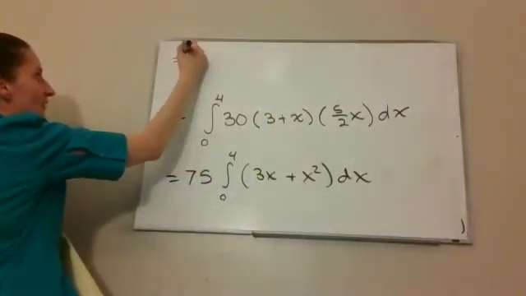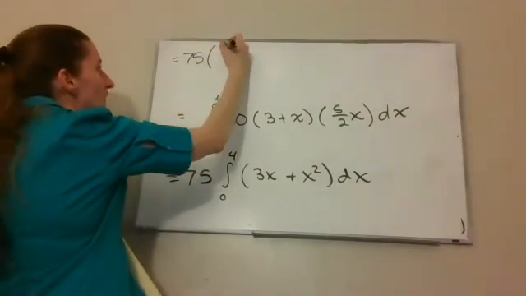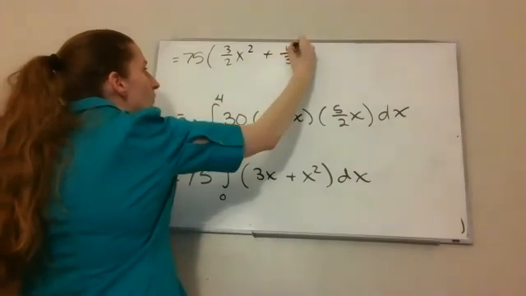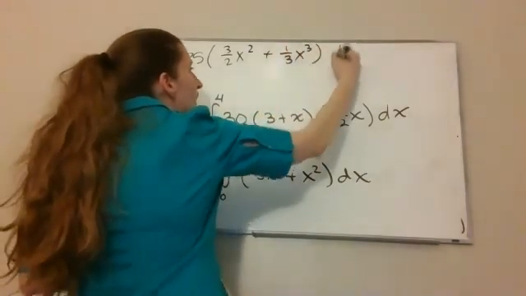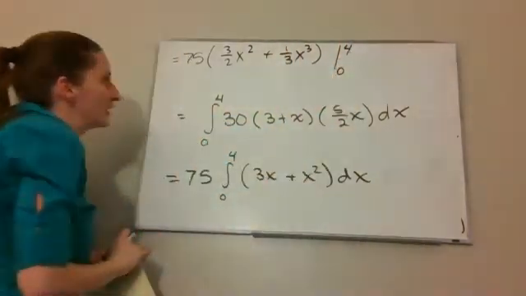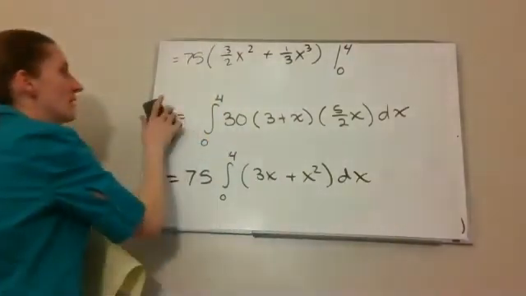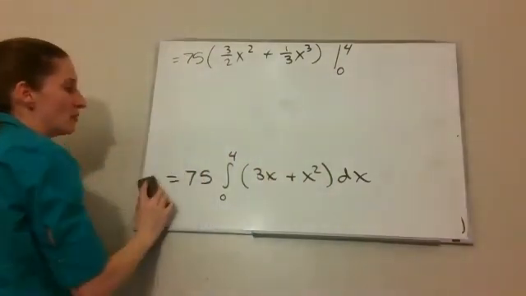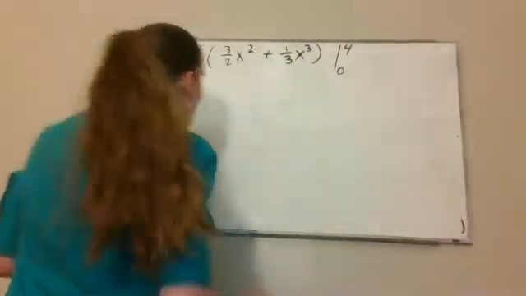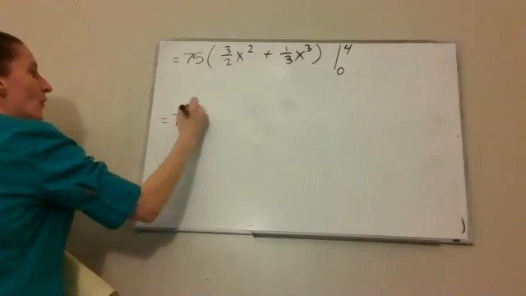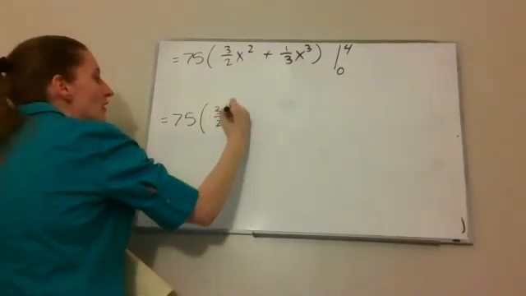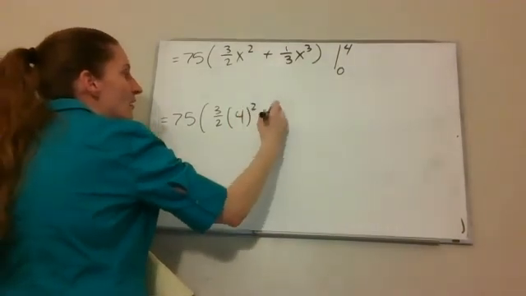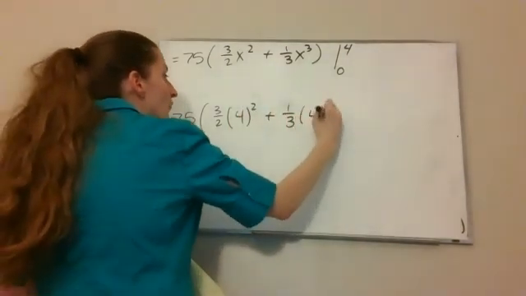So I'm going to get 75 times 3 over 2 x squared plus 1 over 3 x to the third, evaluated at 4 and at 0. Now, when I plug in the 0, I'm just going to get 0. So I only need to plug in that 4. Plugging in 4, we get 75 times 3 over 2 times 4 squared plus 1 over 3 times 4 to the third.